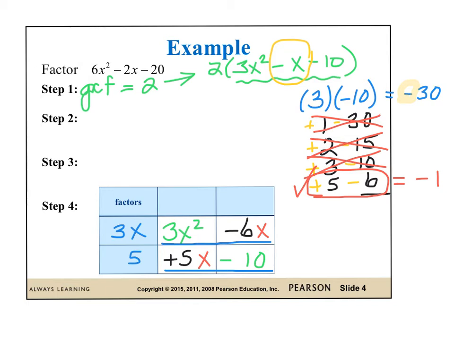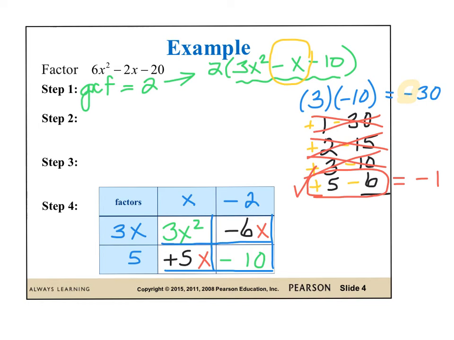Our greatest common factor of 3x squared and 5x is x. Our greatest common factor of negative 6x and negative 10, since they're both negative, then the common factor is negative, and they're both divisible by 2.